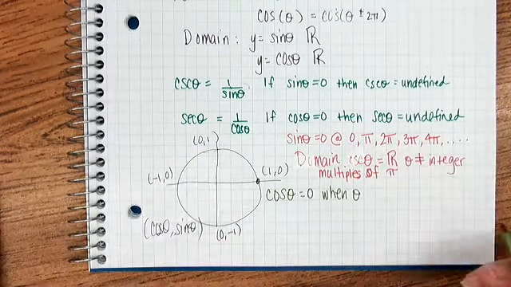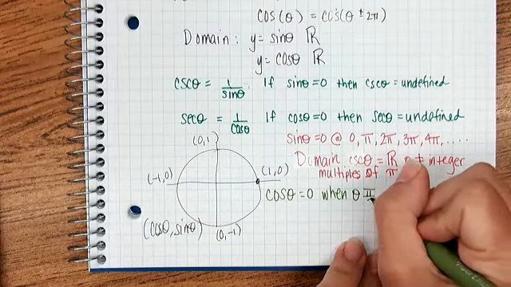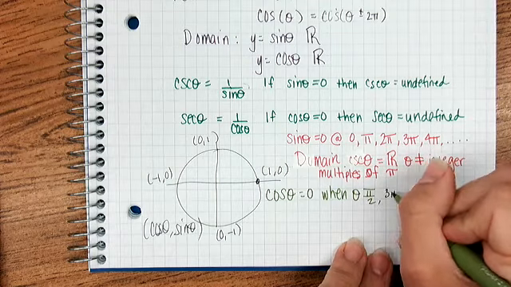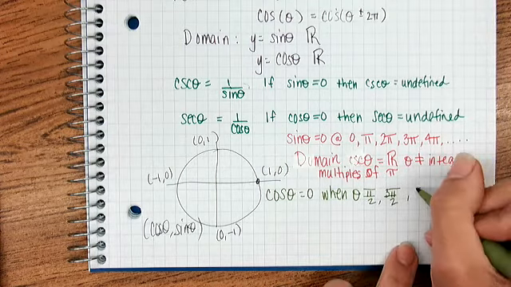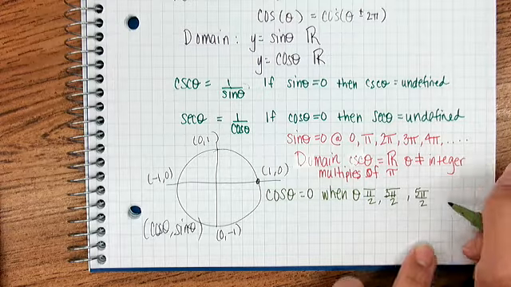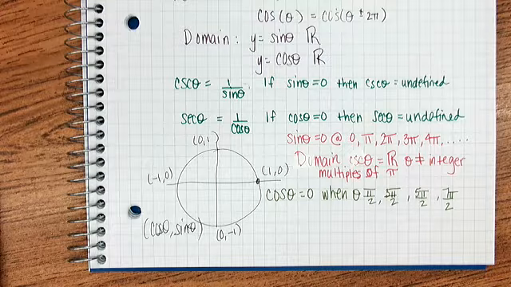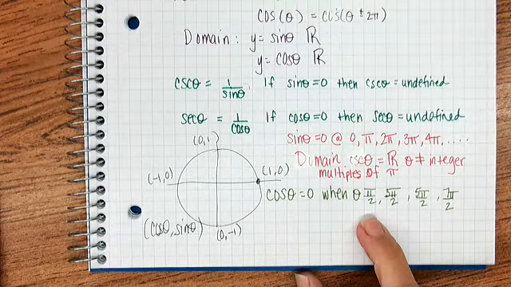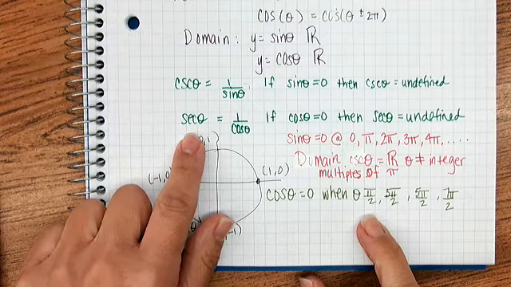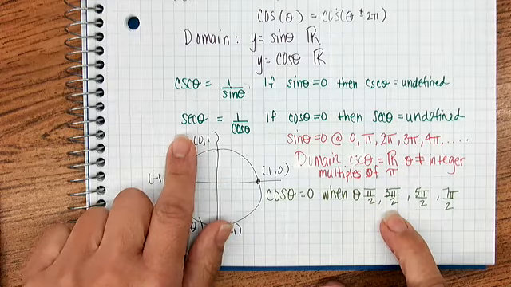So the cosine is 0 when theta is pi over 2, 3 pi over 2, 5 pi over 2, 7 pi over 2, and so on. As long as we're not plugging in pi over 2, secant's good to go. As long as theta is not 3 pi over 2, the secant is good to go.